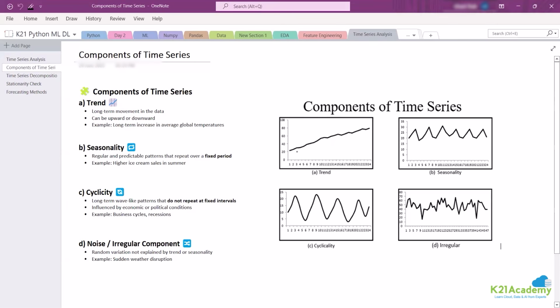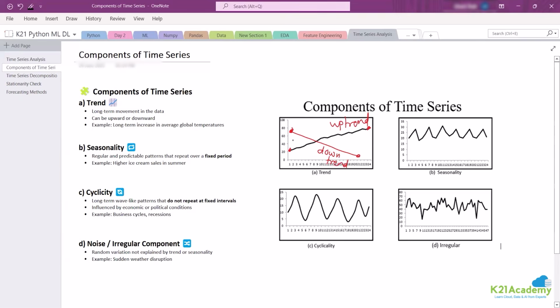If the initial value is smaller and the final value is larger, we can say that this is the uptrend. If the initial value is larger and the final value is smaller, in that case we can say that it is following the downtrend.